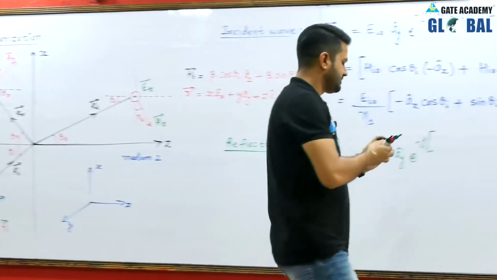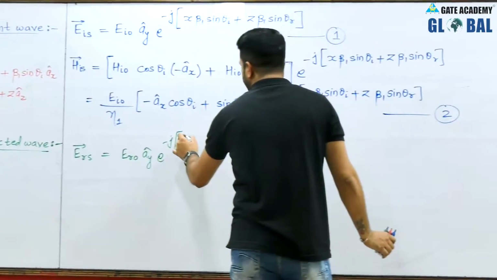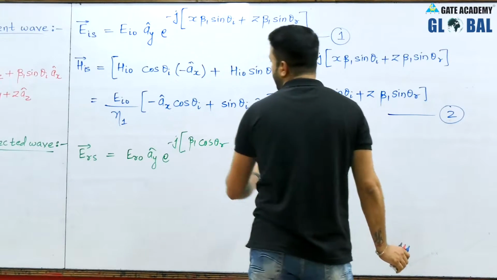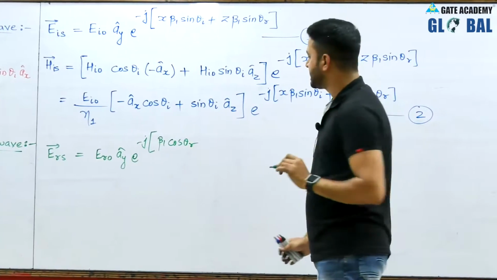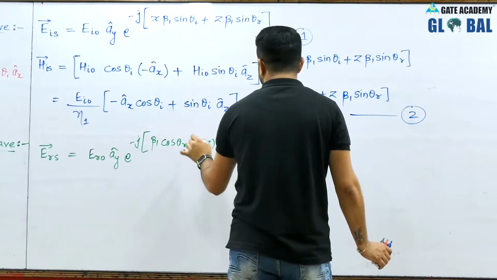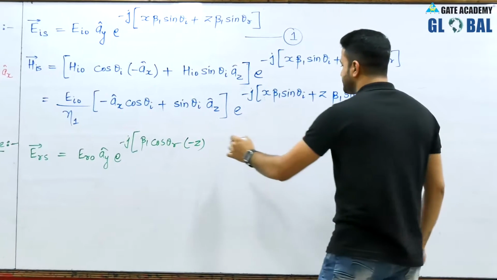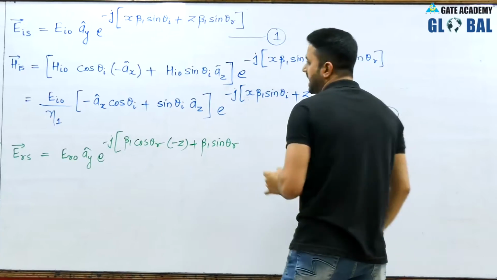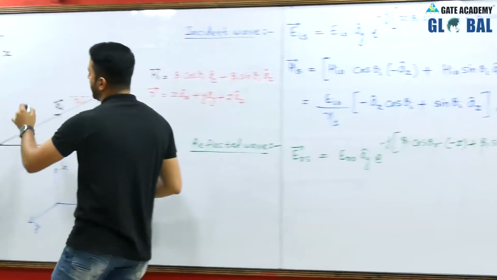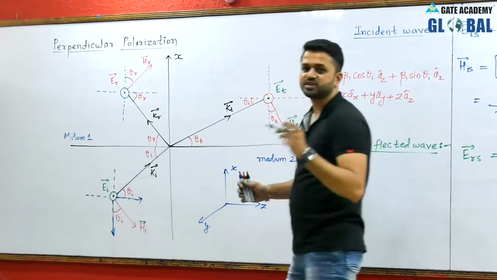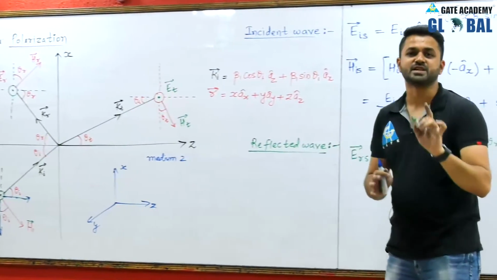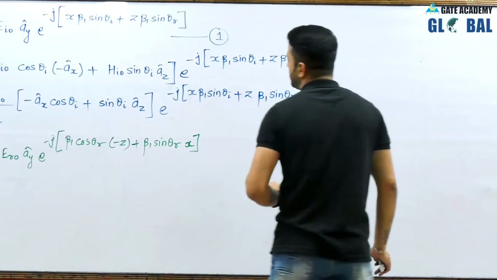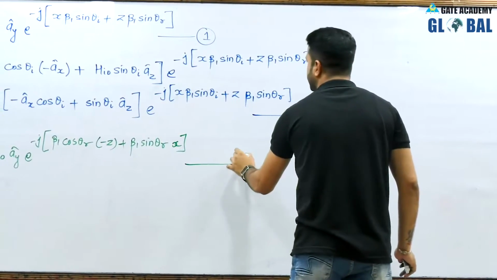So here this would be beta 1 and the angle it forms is theta r, so cos theta r, and it is in the negative z direction, so it should be multiplied with minus z. Now plus beta 1 sin theta r, and the sine component of this kr is in the plus x direction, so the direction is x, so the variable multiplied should be x. So this is equation number 3.